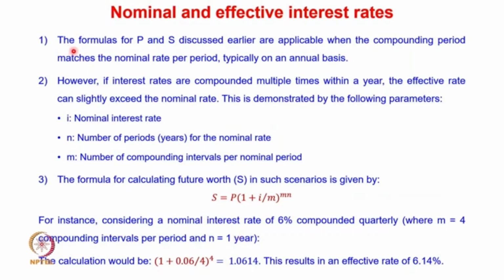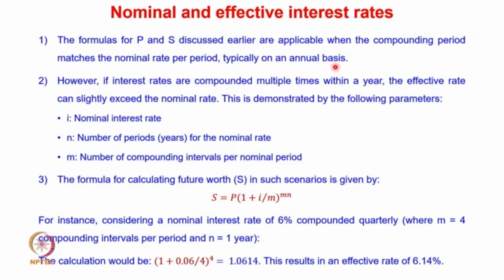So let's look at the different compounding and the effective interest rates here. The formulas for the principal and S discussed earlier are applicable when the compounding period matches the nominal rate per period, typically on an annual basis.